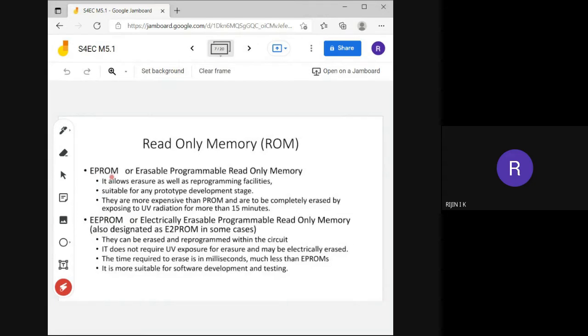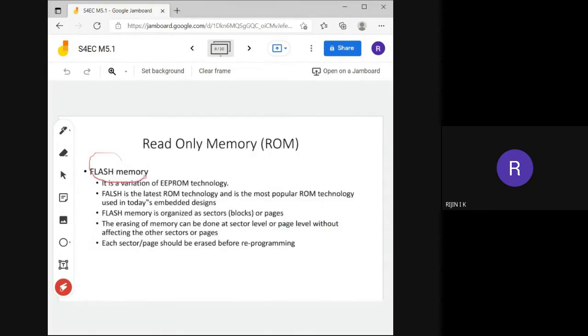Then EPROM, that is erasable programmable read-only memory, and EEPROM, that is electrically erasable programmable read-only memory. Then flash memory. Finally, the flash memory. Okay. So these are the different types of ROM memories.